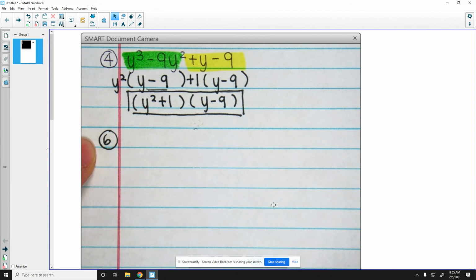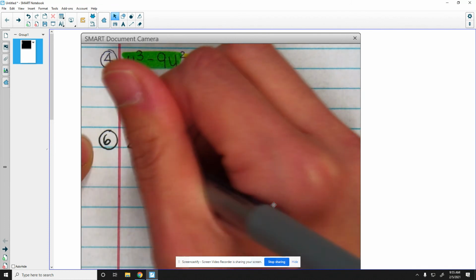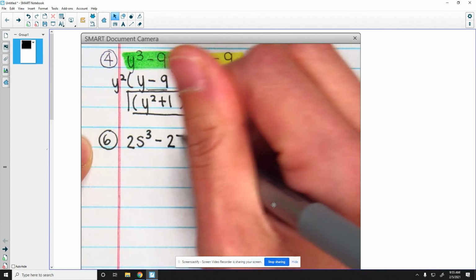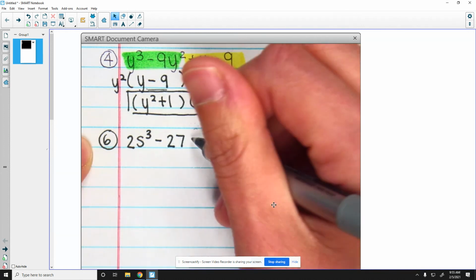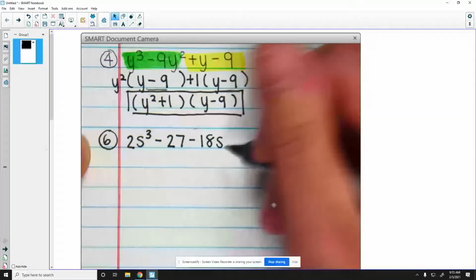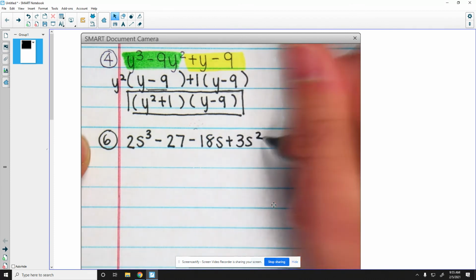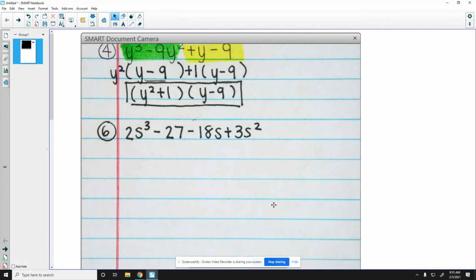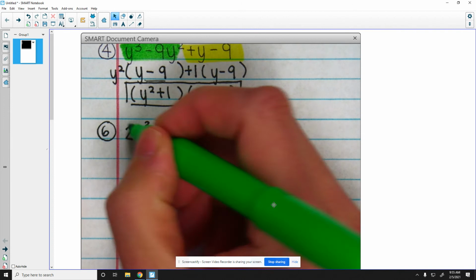All right, so for number 6, I have 2s to the third minus 27 minus 18s plus 3s squared. So again, I have 4 terms. So 4 terms means factor by grouping.